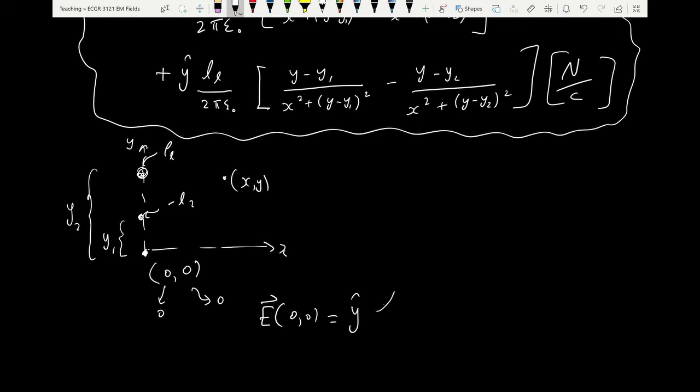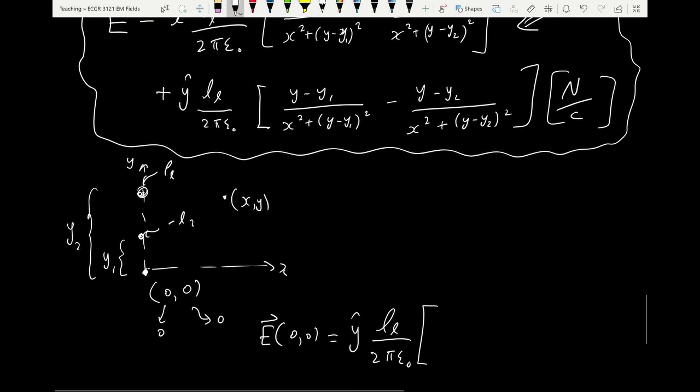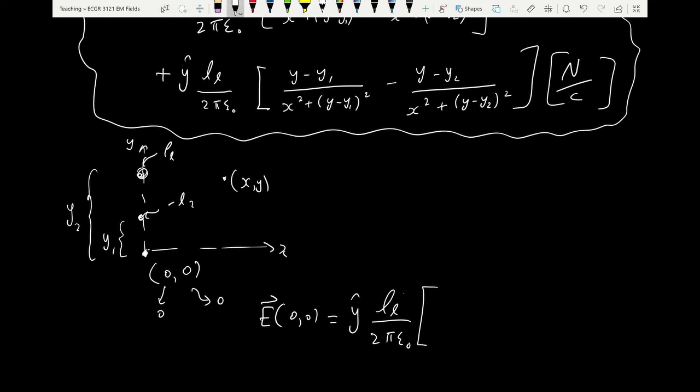Times rho L over 2 pi epsilon naught times, what? Since y is 0 and x is 0, I end up with minus y1 over y1 squared plus y2 over y2 squared.